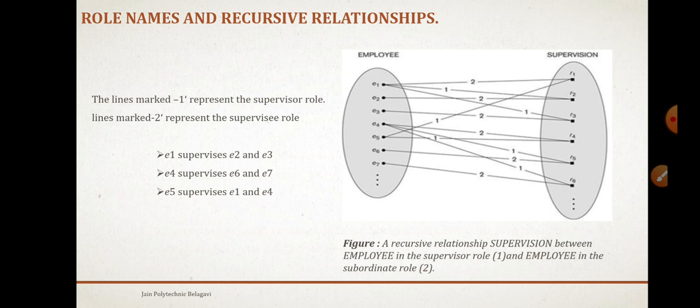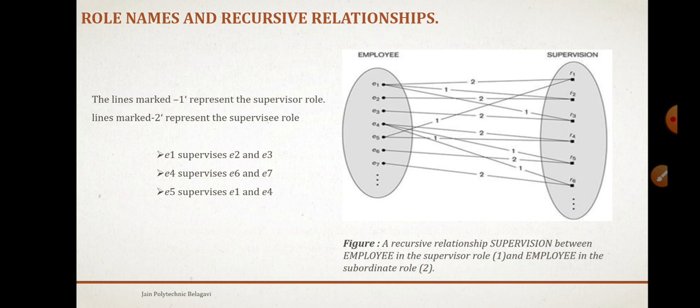So here we have two entities, employee and supervision. Here each employee is having one or two supervision functions. E1 is supervising 1, 2 and 3, and E2 is supervising 2 and 3. Like this, all employees are in supervision functions.